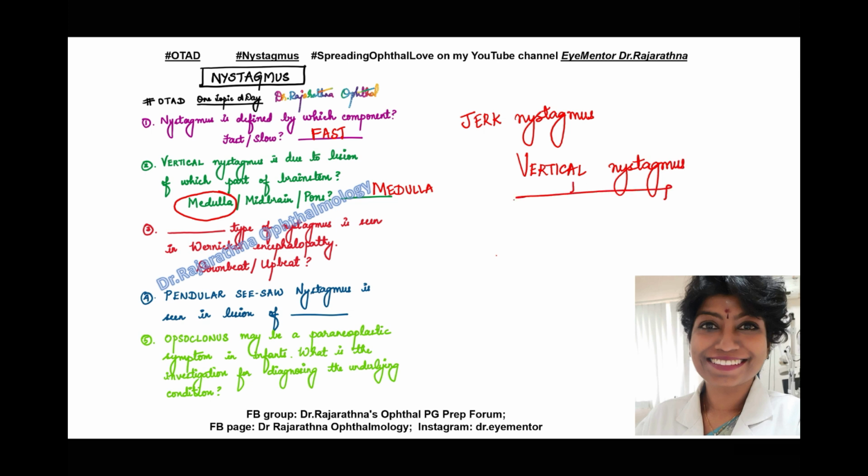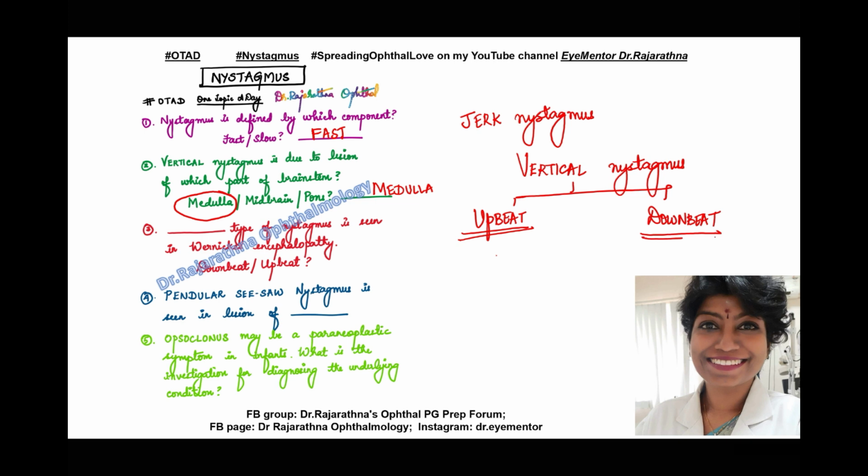It could be upbeat or downbeat. Now, the one due to midbrain lesions and especially the medullary lesions, it's usually the upbeat. That's the most common cause of upbeat nystagmus.